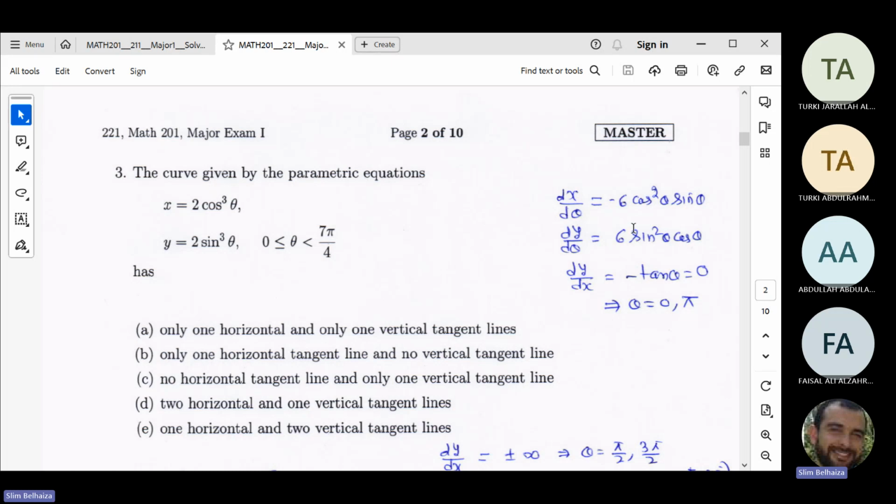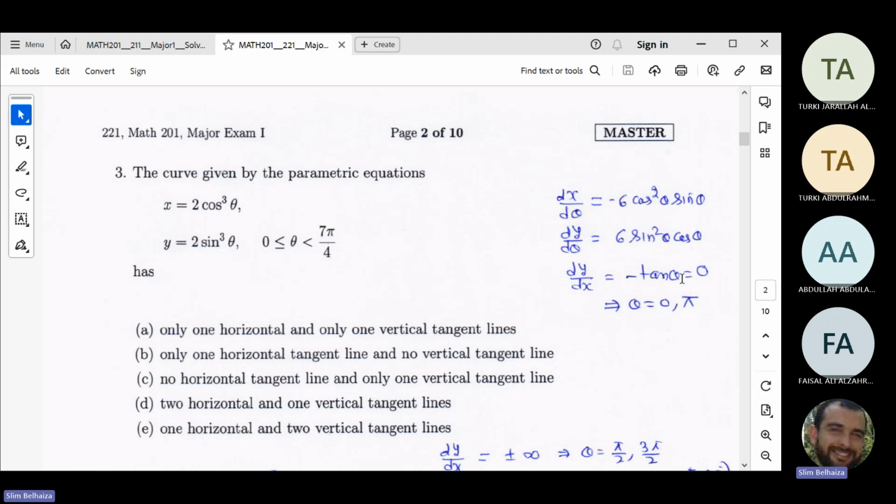Now, dy over dx, if you divide these two, 6 over 6 goes, so you're left with minus 1. And what do we have? You have a sine and a cosine; sine squared cosine over cosine squared sine. So upstairs, you're going to have just a sine left, and downstairs a cosine. So you end up with minus tan theta.